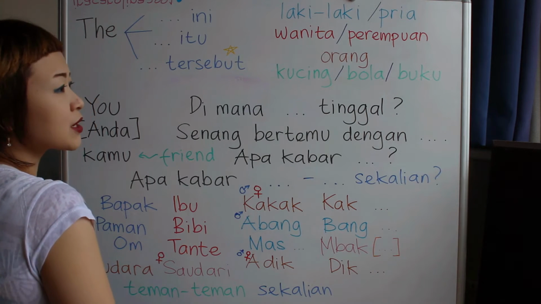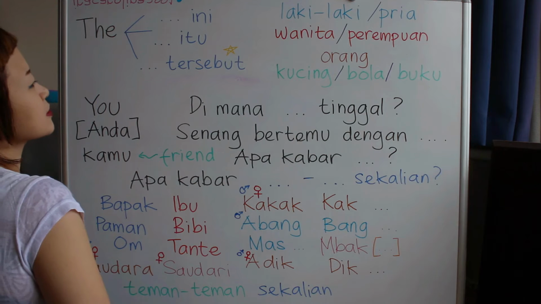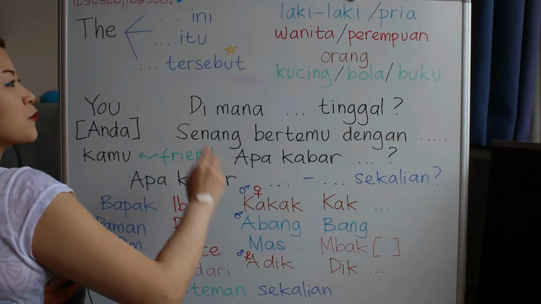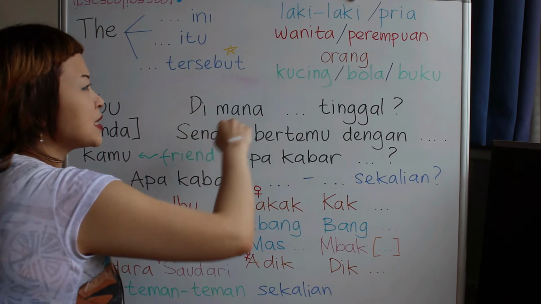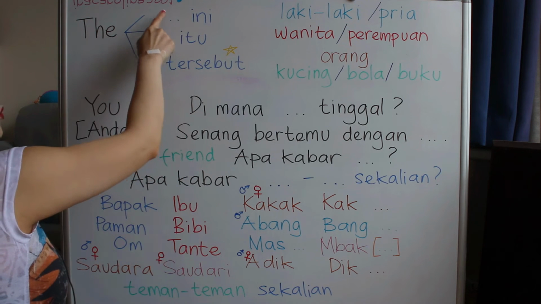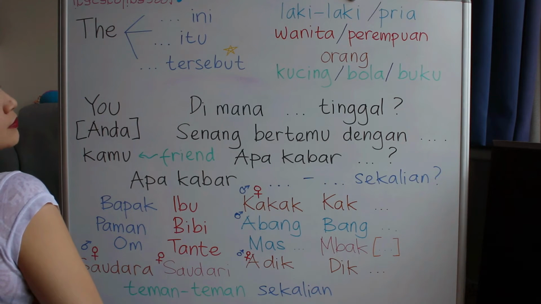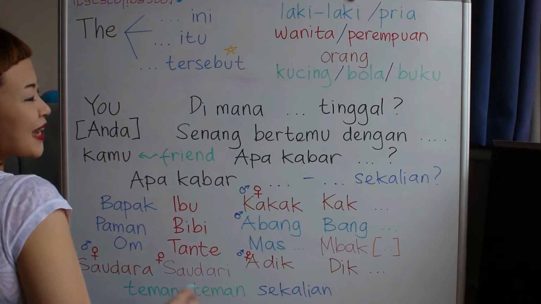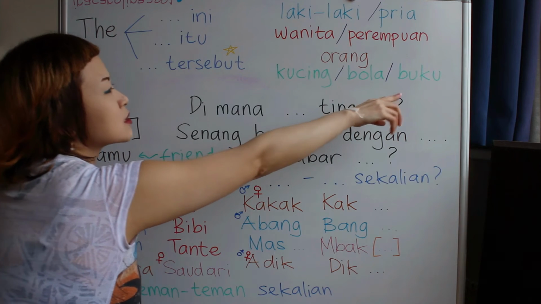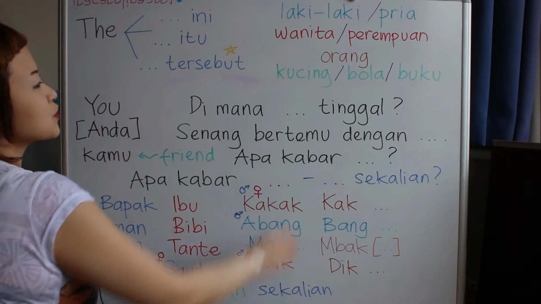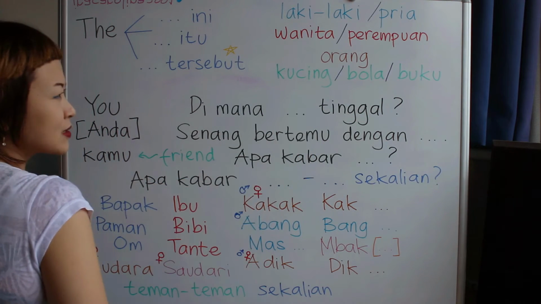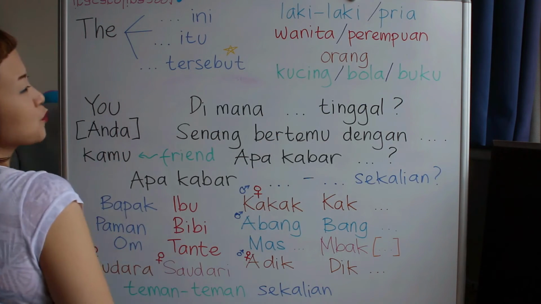And if you want to say "the person", the human being, person or human being is orang. Put it here. If you want to say the cat, the ball, the book, we use kucing for cat, bola for ball, buku for book.